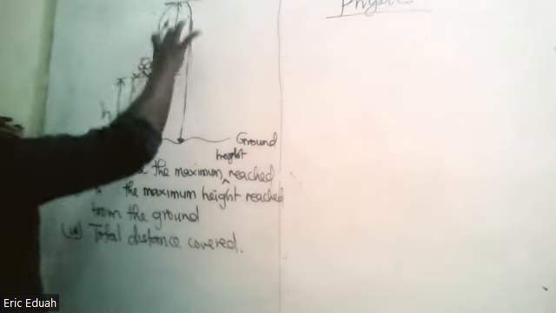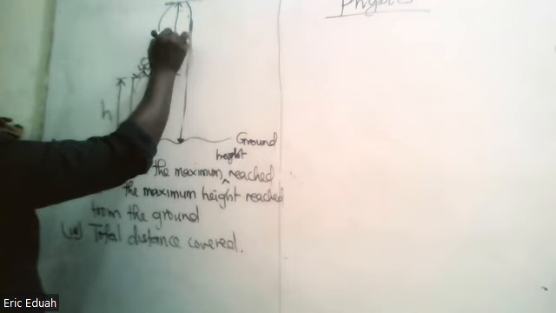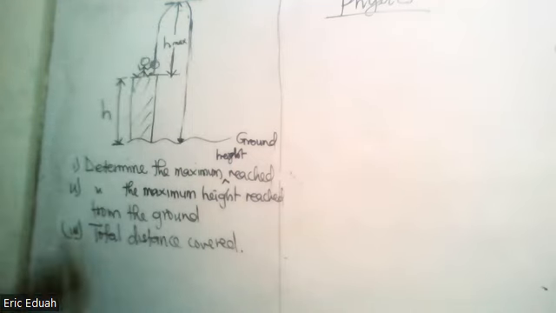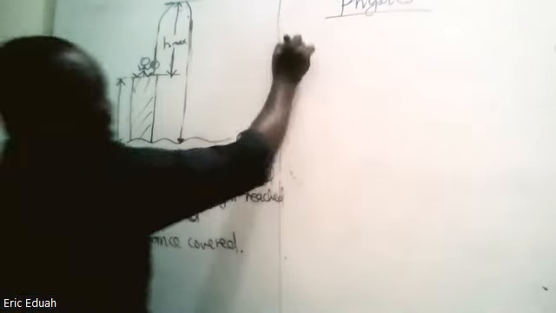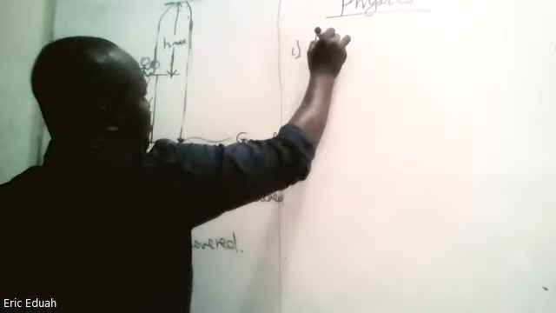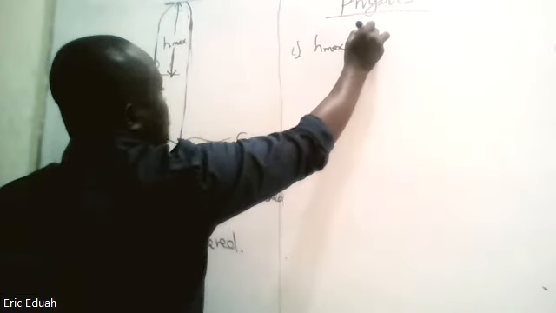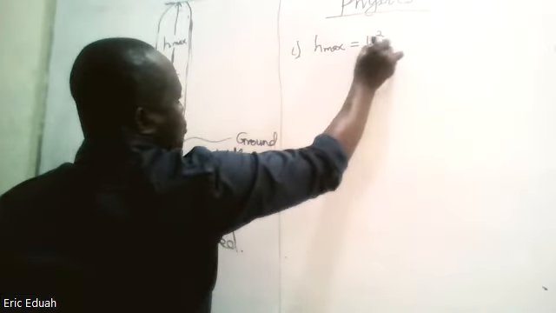So we call this interval H max or H greatest. So H max will be equal to U squared over 2g.